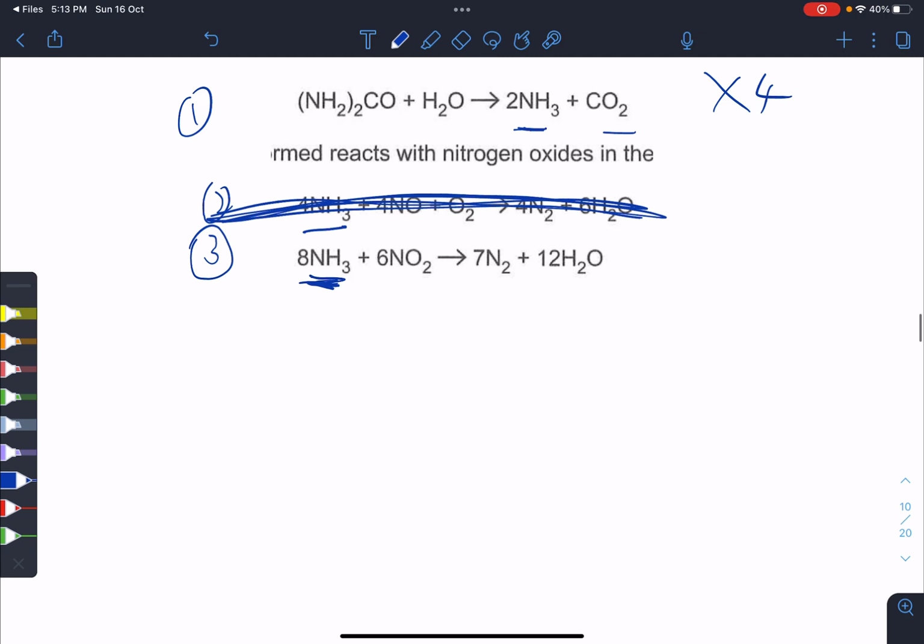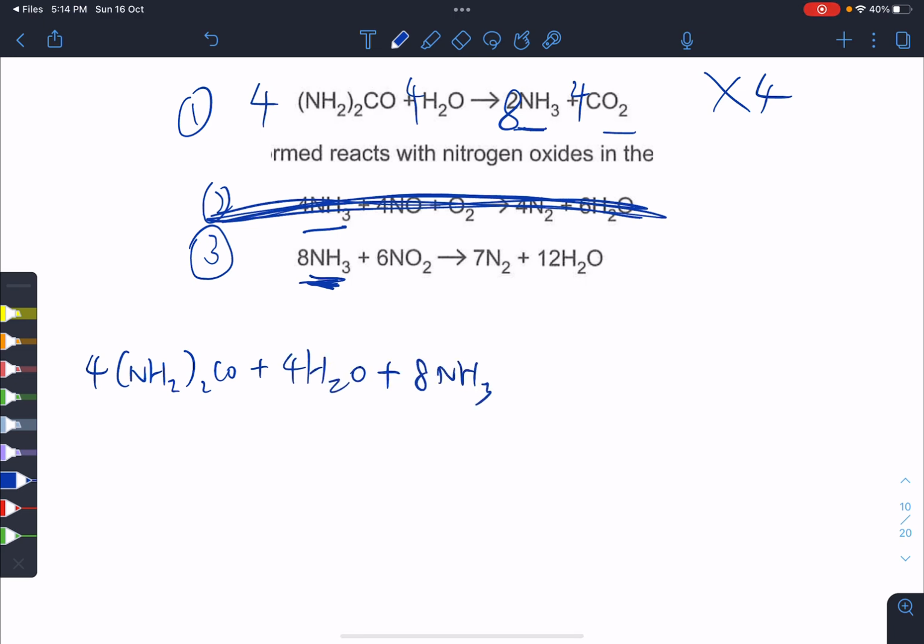It's something like your electrolysis half equation. So this becomes 4, 8, 4. The next thing you do is you add all the reactants together, and you add all the products together. Then you can simplify it after that.